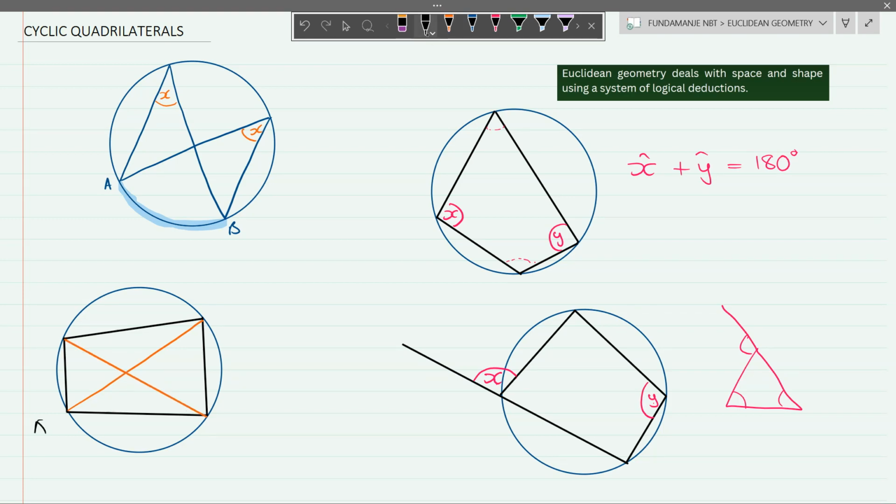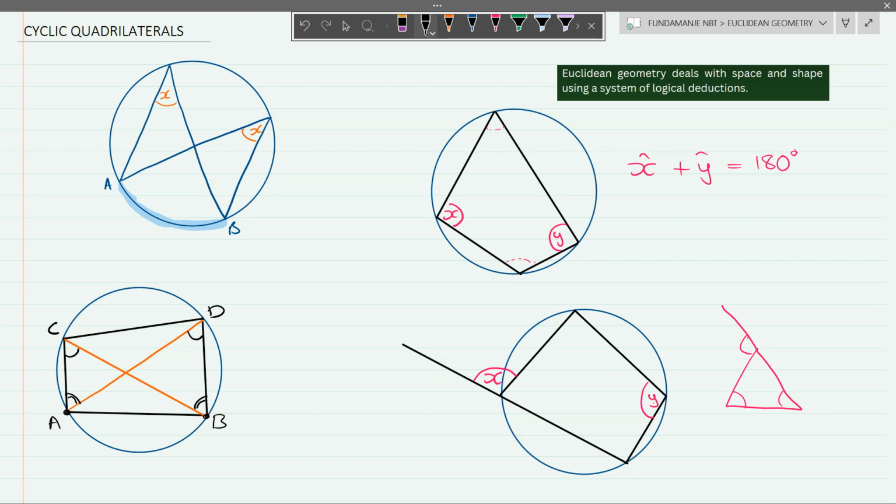So again, if I name this A and if I name that point B, we can have that this angle here is equal to this angle here. Similarly, if this is C and that is D, we can have that this angle here is equal to that angle there. So if you can prove that all of this is true, then that means you are working with a cyclic quadrilateral, or just at least one pair of these would be fine.